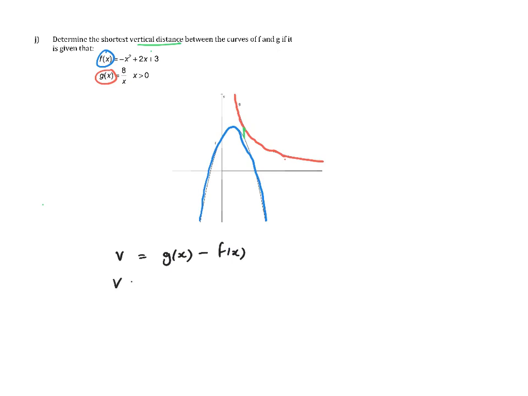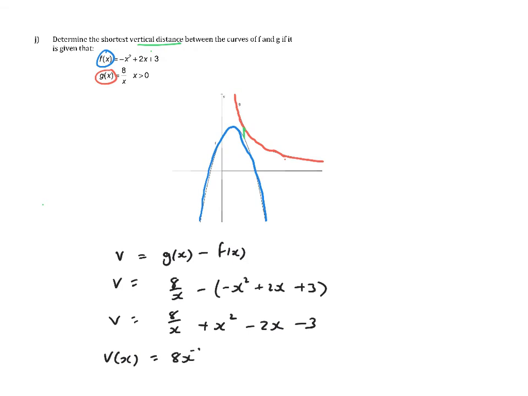So v is going to equal g of x, which is 8 over x, minus f of x, and just be careful of brackets and the sign. So that is plus x squared minus 2x minus 3. This is v of x, the vertical distance in terms of x.